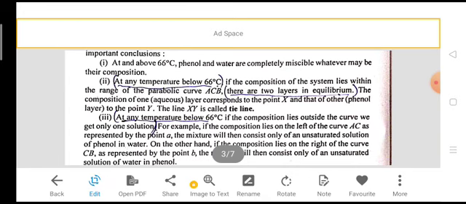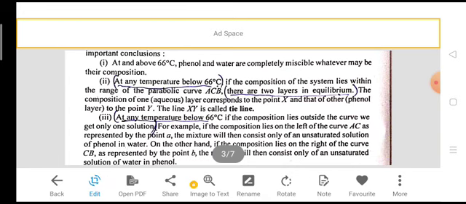We take two points, the left side of the curve represented by point A, and the right side of the curve represented by point B. At point A, the mixture consists only of an unsaturated solution of phenol in water.